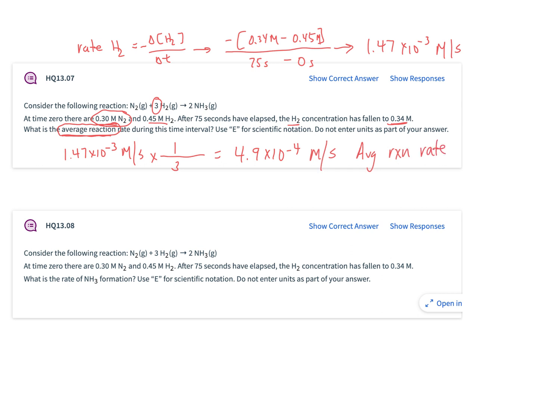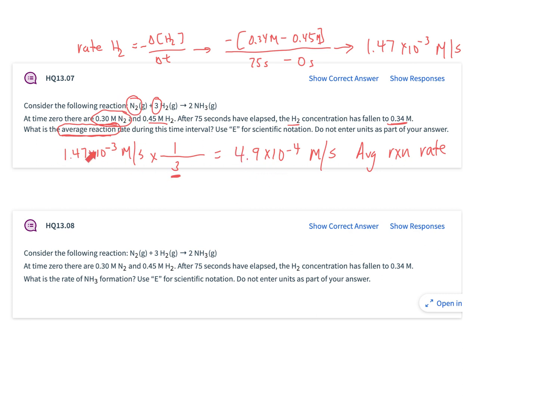Right, and you'll notice, I kind of wanted to say this earlier, but when we divide this by 3, we're basically setting this rate equal to the rate of nitrogen, right? Because nitrogen has a coefficient of 1. So the average rate of this reaction also would happen to be the relative rate with respect to nitrogen.